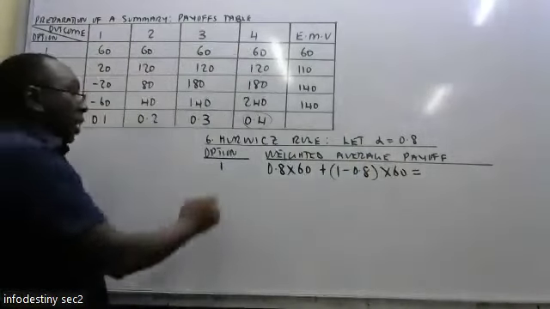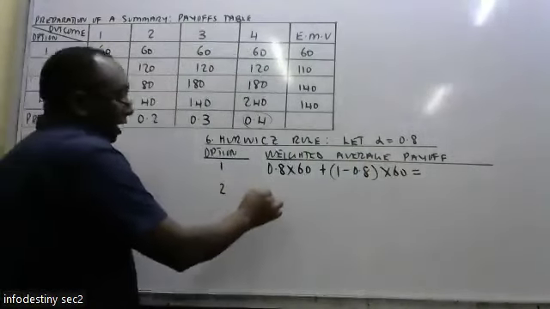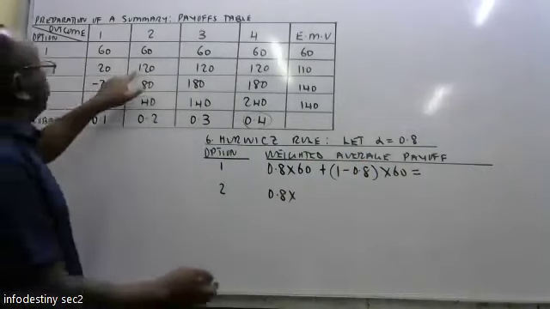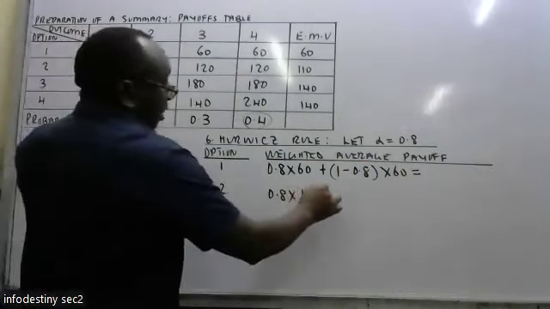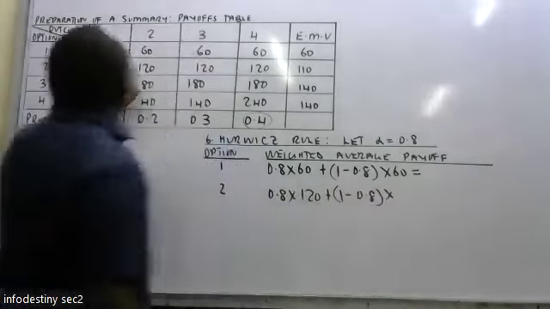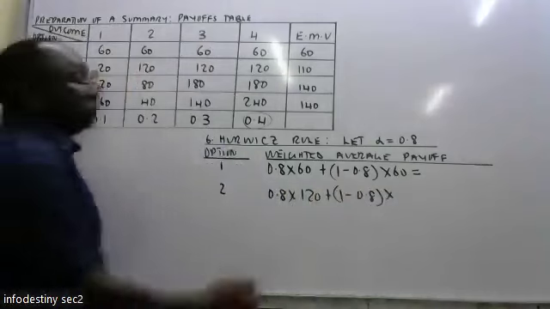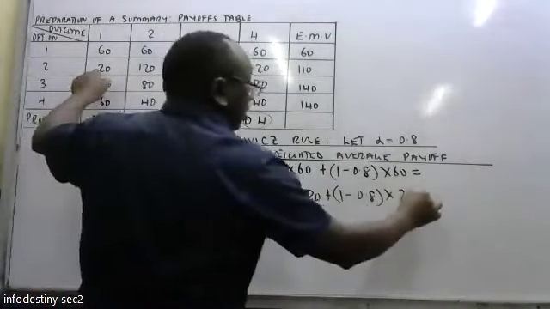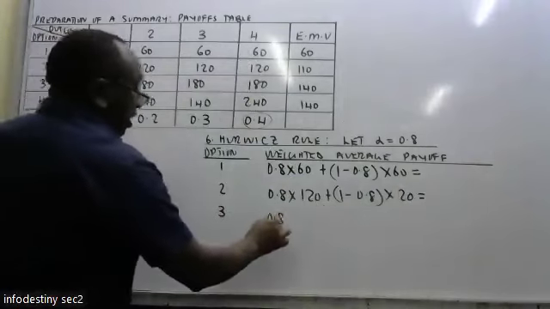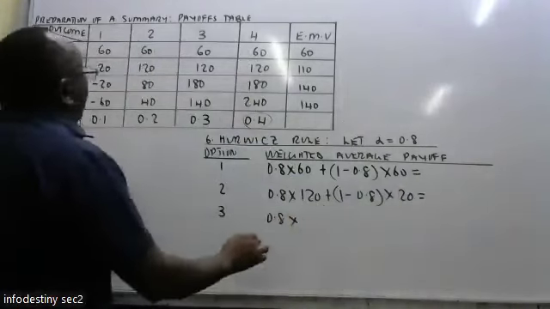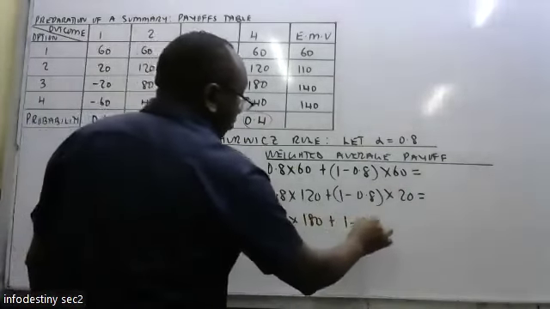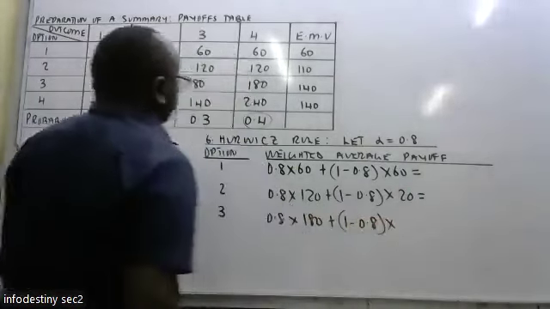60. You go to number 2. You take this alpha, multiply by the best. The best for number 2 is 120, plus 1 minus 0.8, you multiply by the worst. The worst is what? 20. Number 3 is 0.8 multiplied by 180 plus 1 minus 0.8 multiplied by the worst.